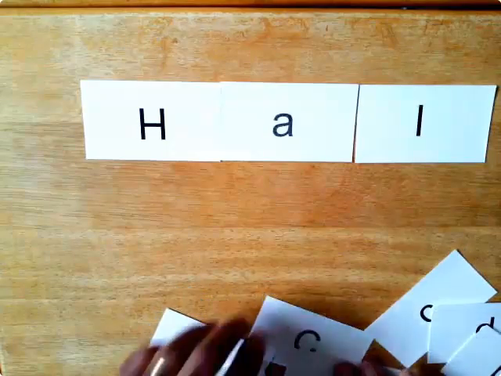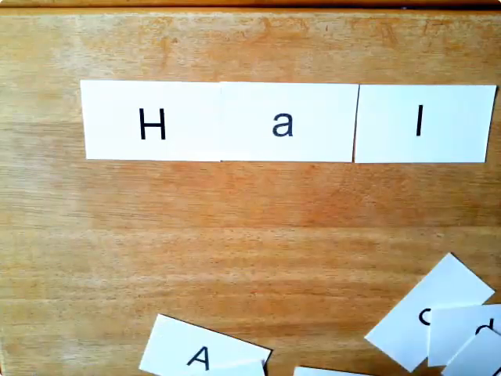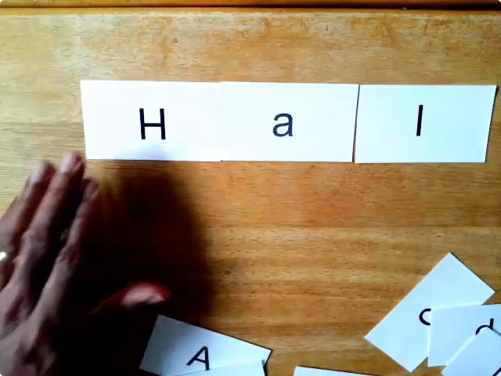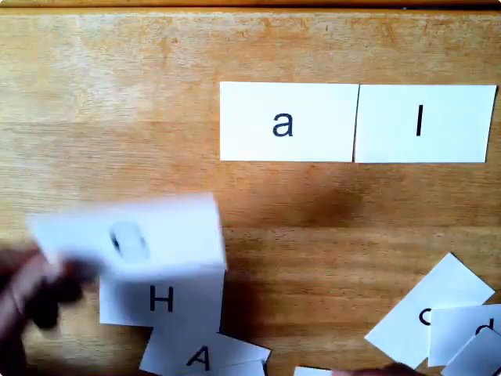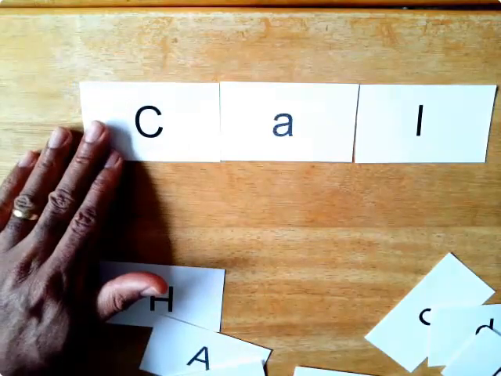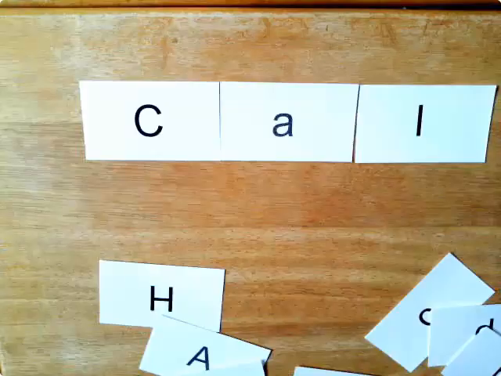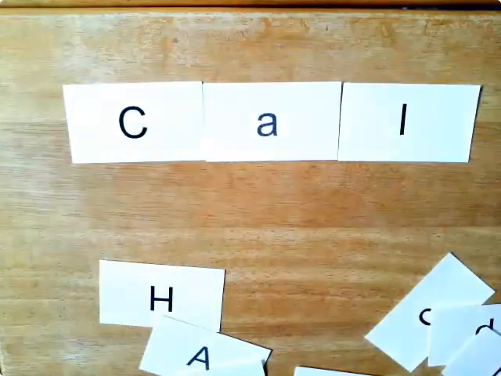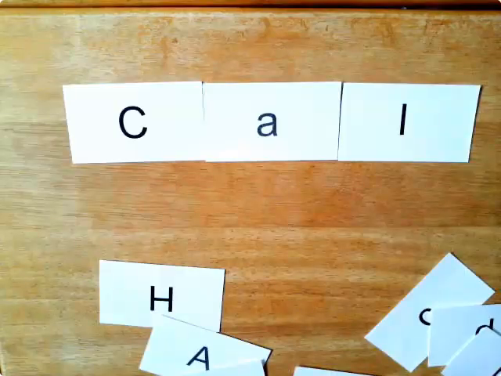What if you had another best friend and his name was Cal? What letter do you think I would need to add to create the word Cal? Yes, you are correct. I would add K. The letter C stands for K. And I would make this new name Cal. You see that? Cal. That's my new name. My other best friend's name is Cal.